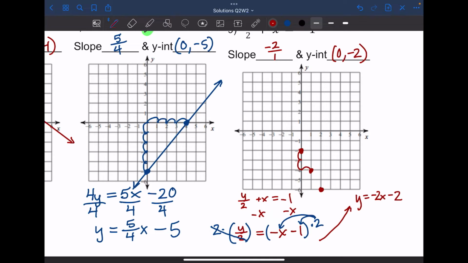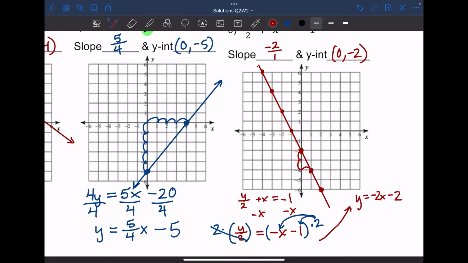Ran out of room here, we can continue to go up 2 and to the left 1 to continue our pattern, so it should be going in the same general direction, just reverse. And since it's a little bit off, I am going to scoot it over just a tad so it all lines up. There we go.